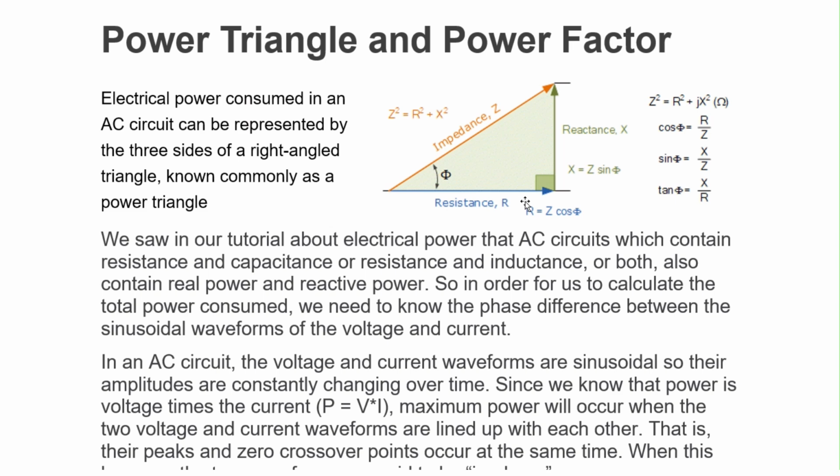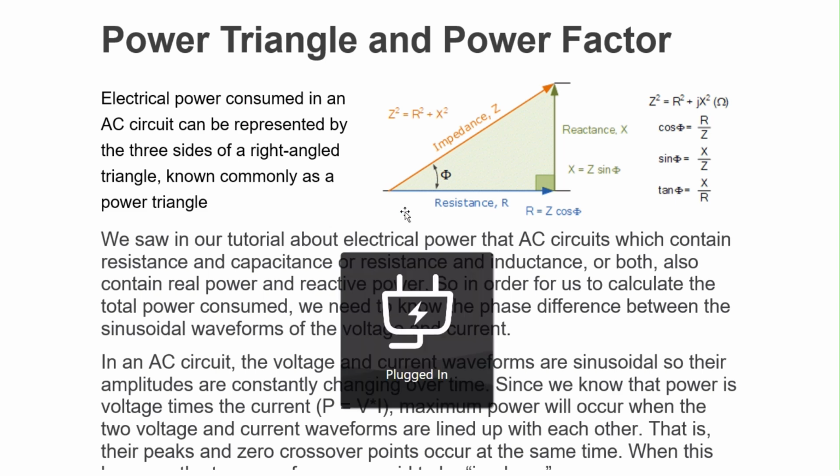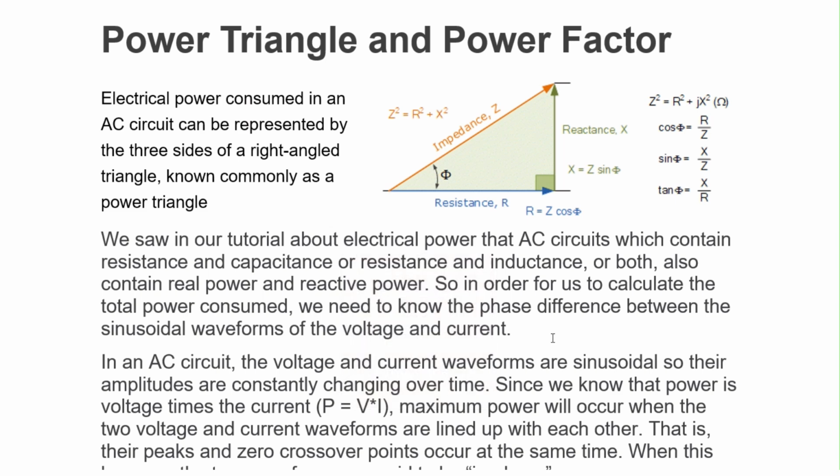And resistance is pure resistance, and impedance is the impedance of the circuit. So this thing is very important to understand the power triangle. That is why it was important to discuss the impedance triangle first.